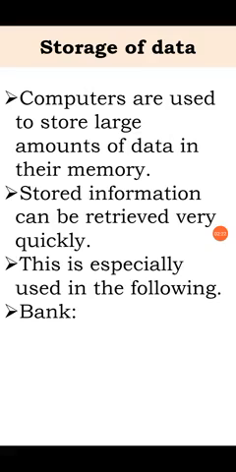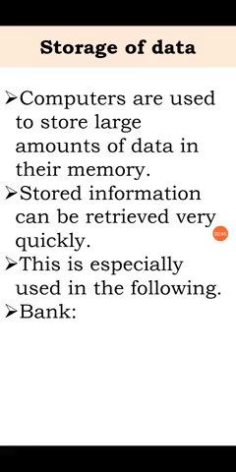Used in banks. Banks use computers to store large amounts of information. The ability of computers to perform calculations very fast is very useful in banks. Computer can perform calculations very fast.